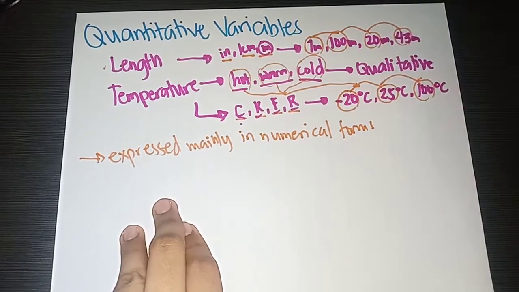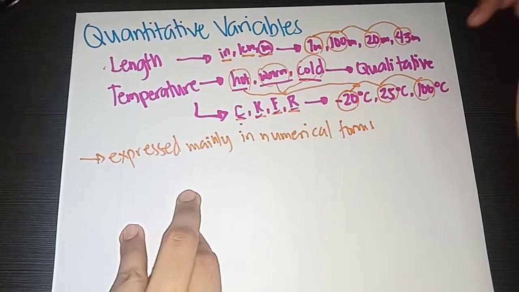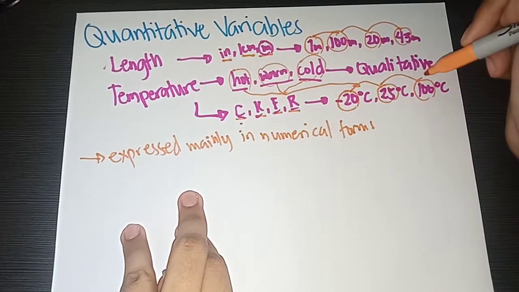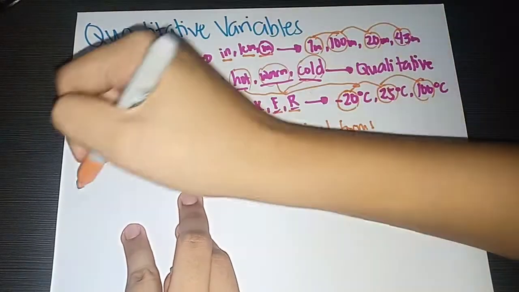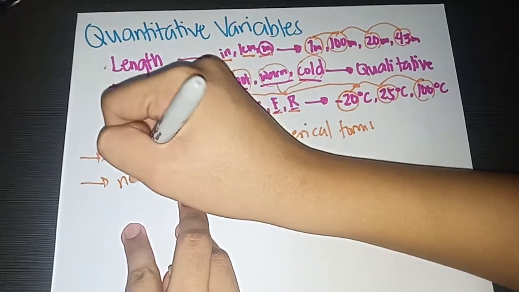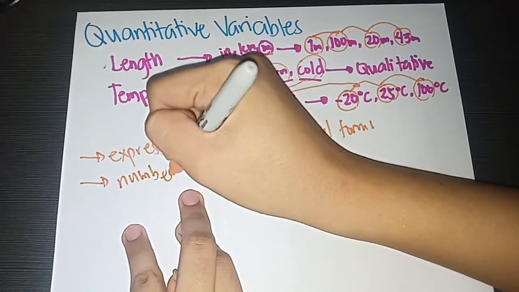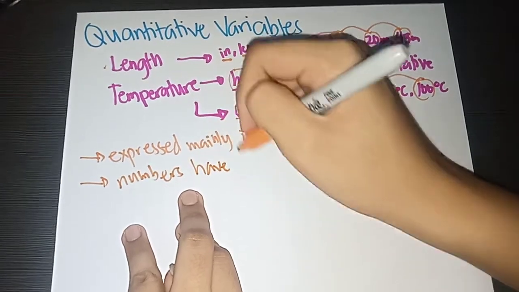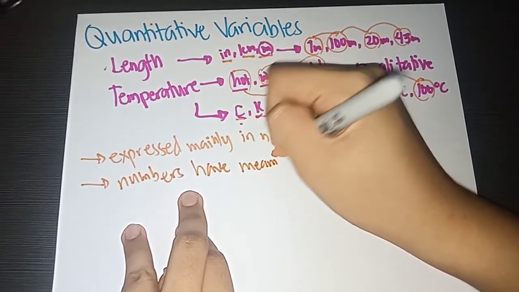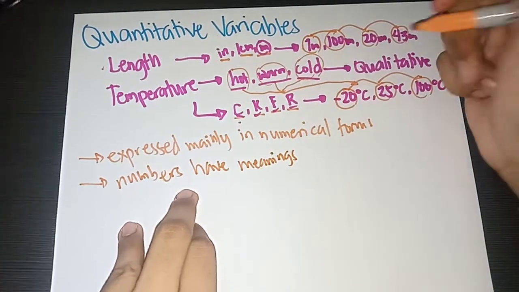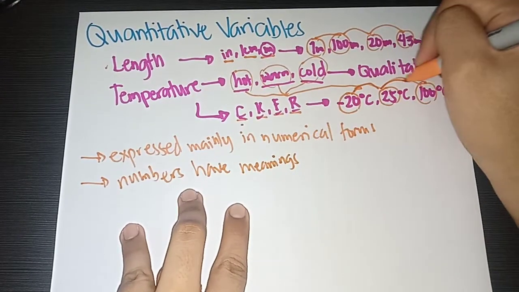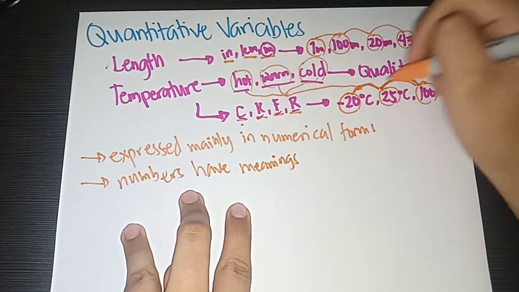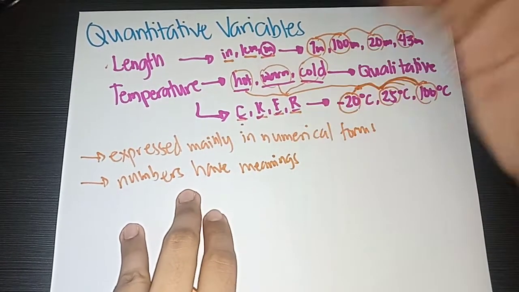When a number is expressed in quantities, are numbers meaningful or meaningless? Obviously, numbers have meanings already. Why? Because we can measure distances or amounts.